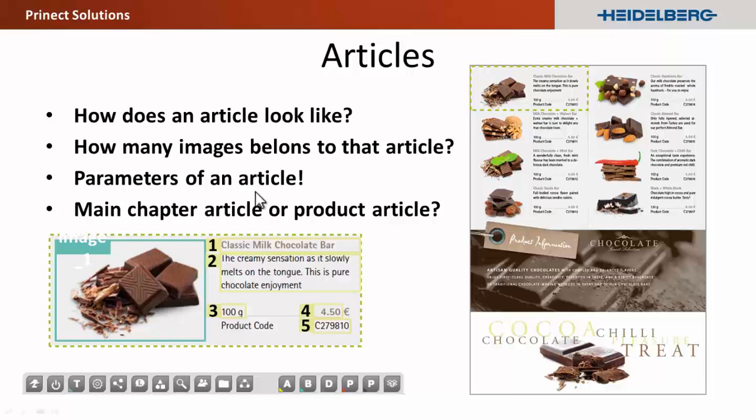The parameters of an article, for example, product name, the description, a price, a weight, a product code, or maybe also a size, whatever. And we also need to decide, is it a main chapter article like we have here, the chocolate itself, or is it a product article, for example, milk chocolate, almond chocolate, and so on.